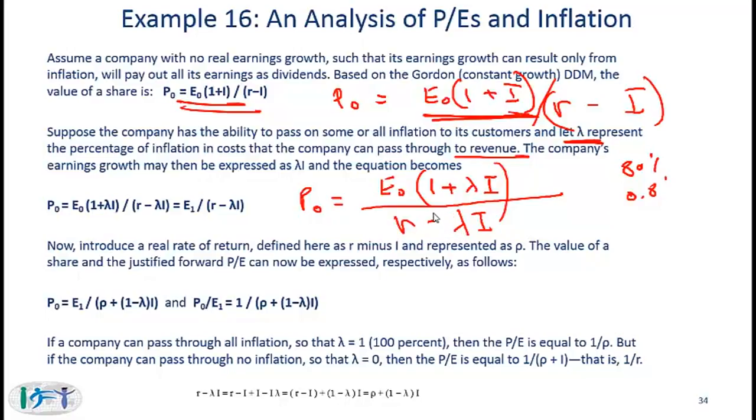Same equation, just instead of growth you have lambda I. Now let's introduce the real rate of return, and we'll call that rho. The value of a share and the justified PE can now be expressed as follows. So this is P naught is equal to this expression.